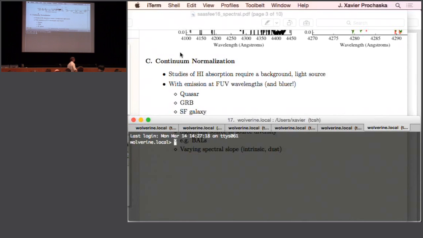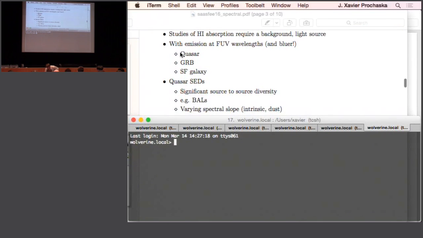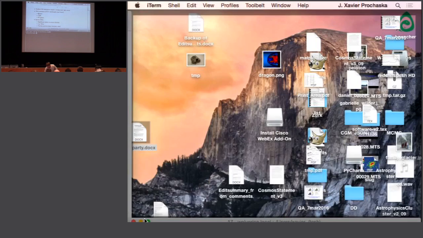So we are required really to divide out its effects, its spectral energy distribution, and that's what we refer to as continuum normalization. I'm going to emphasize the quasars, but this holds true whether you're using quasars, gamma ray bursts, or star-forming galaxies.